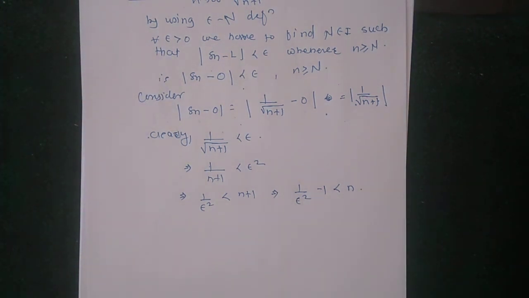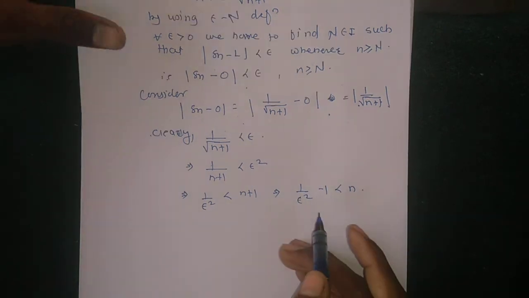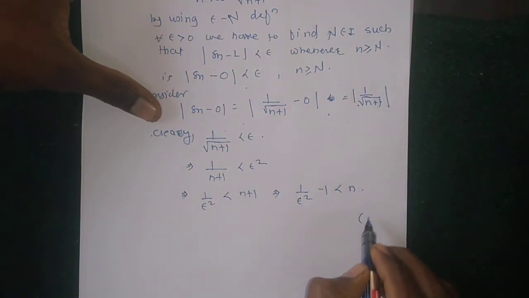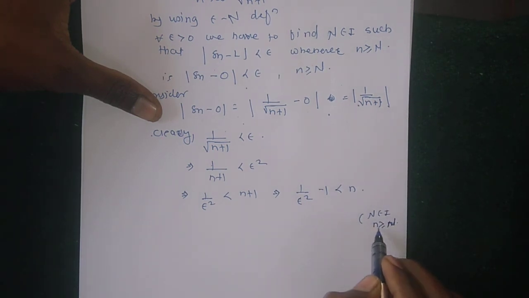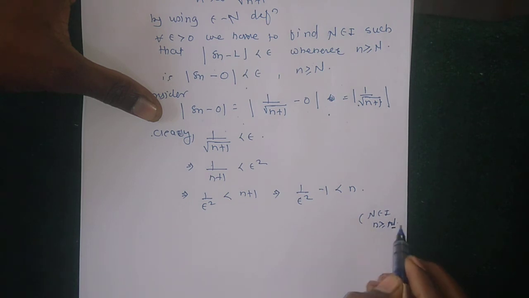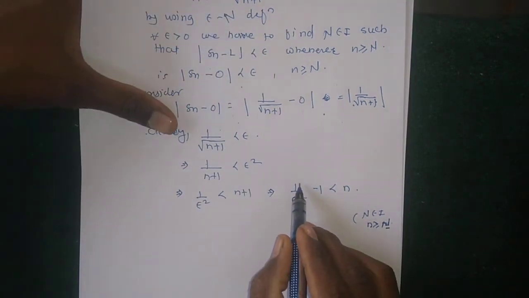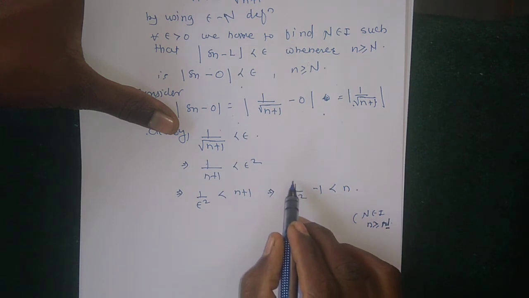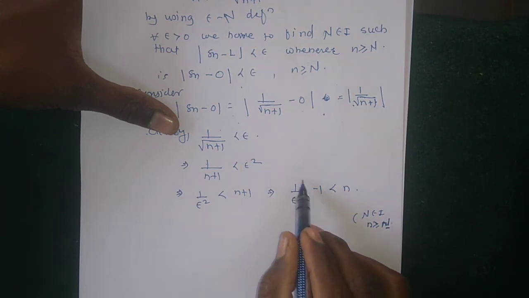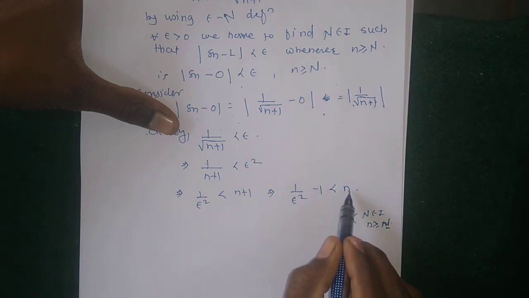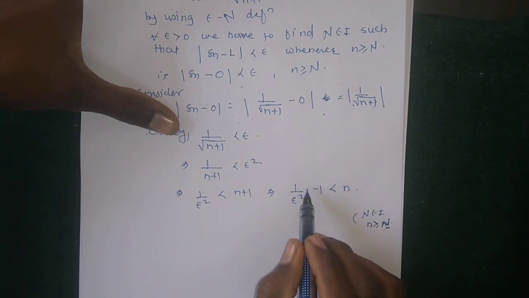So we have to choose N. How to choose N belongs to I: the condition is that n is greater than or equal to this N. Here, 1 upon epsilon squared minus 1, subtracting 1 from this term, we get that the value of n is greater than this term.